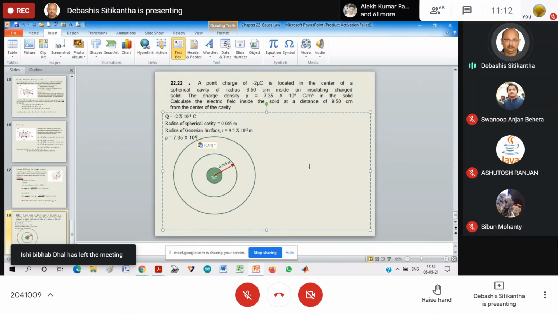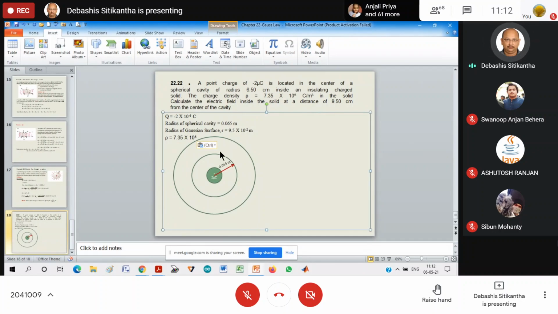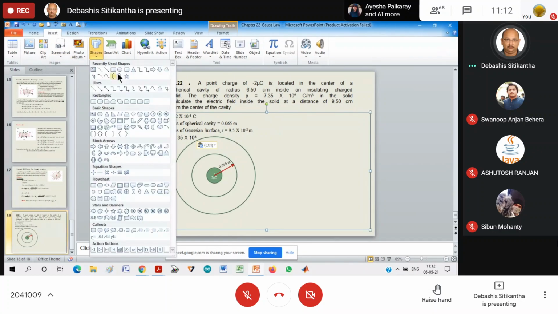So this is the portion whose charge density is 7.5 into 10 to the power 5 coulomb per cm. Calculate the electric field inside the solid at a distance of 9.5 cm. Okay, so now let us find out.